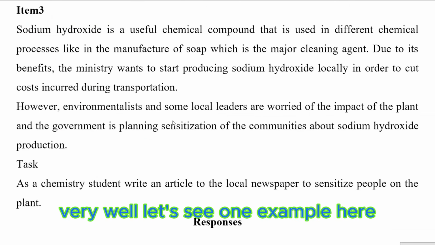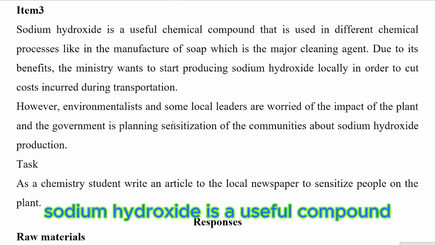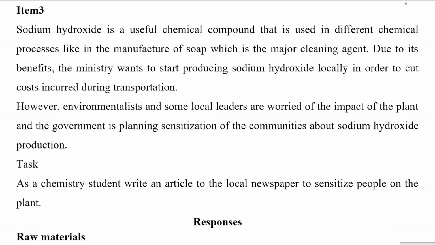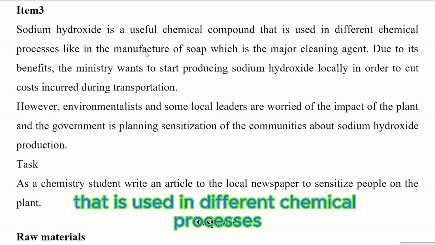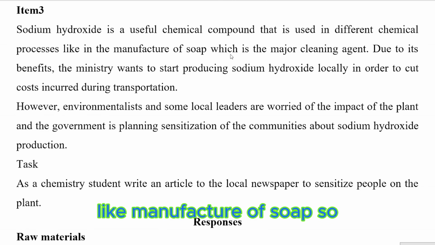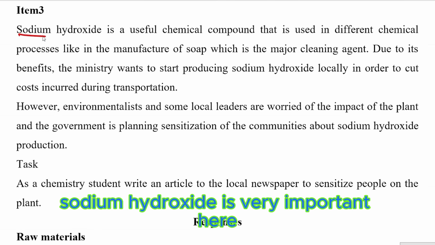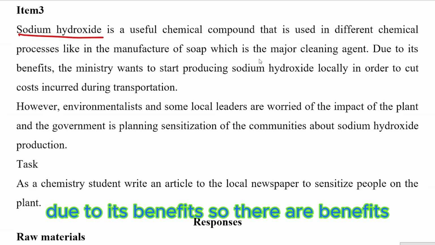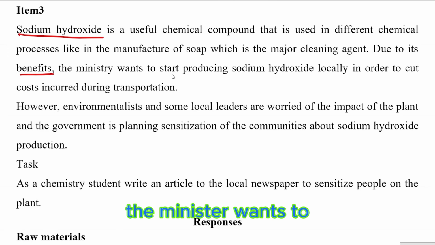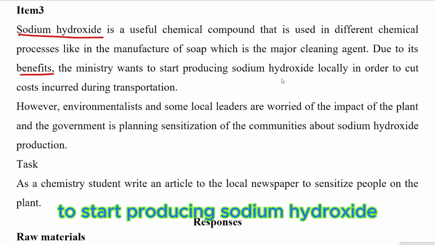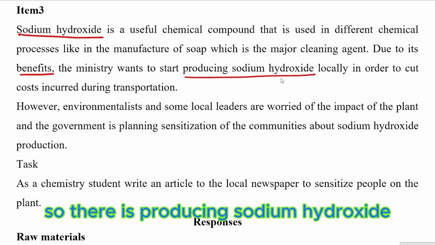Let's see one example here. Sodium hydroxide is a useful compound that is used in different chemical processes like manufacture of soap. So sodium hydroxide is very important here. Due to its benefits, the ministry wants to start producing sodium hydroxide.